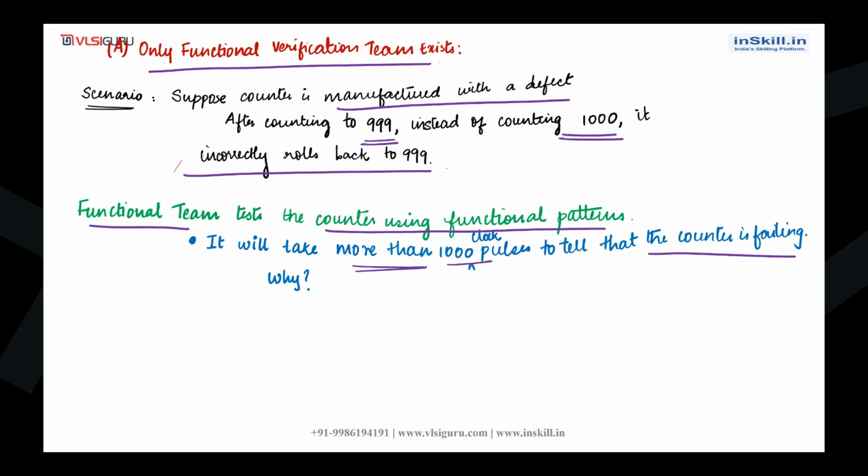Because the functional verification team will check the functionality, which means they will check if the counter properly counts from 0 to 1023.